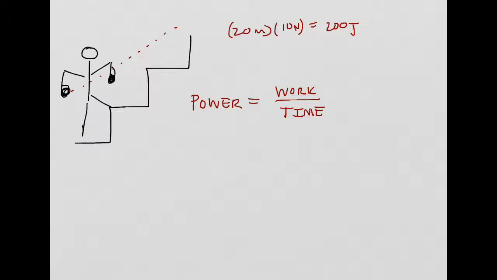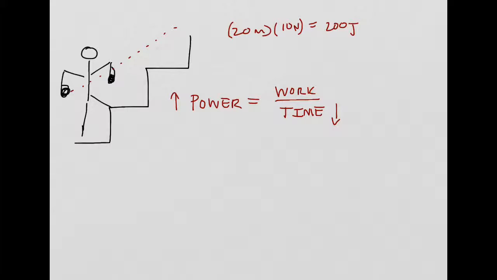You can see here in our grocery example that if we walk up the stairs or we run up the stairs, we decrease the time, and that in turn will increase the power. So things that are done fast don't require more or less work, but they do require more power.